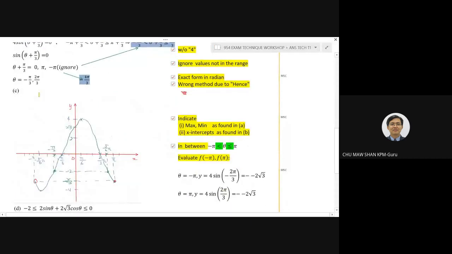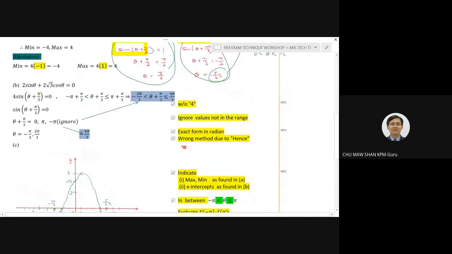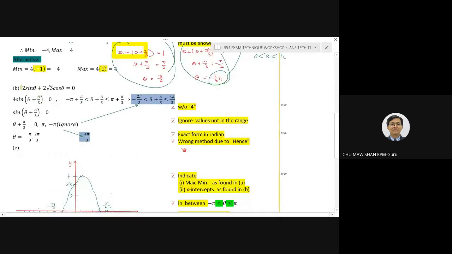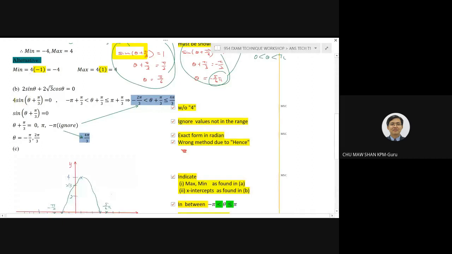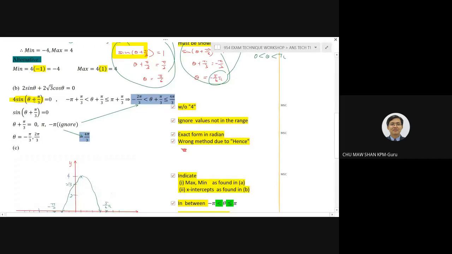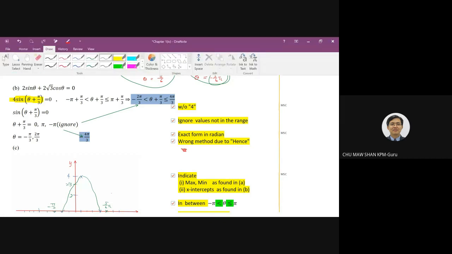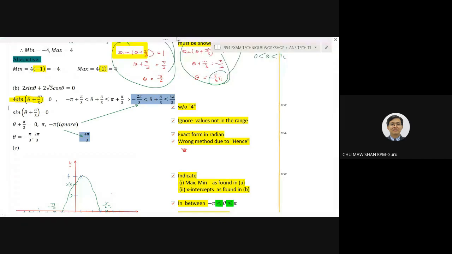Okay. Now you see B. So 2 sine theta plus 2 sec 3 cos theta equal to 0. Then use this form which you obtain. That only fulfils the hence condition. Actually there is a faster way. I will show you.